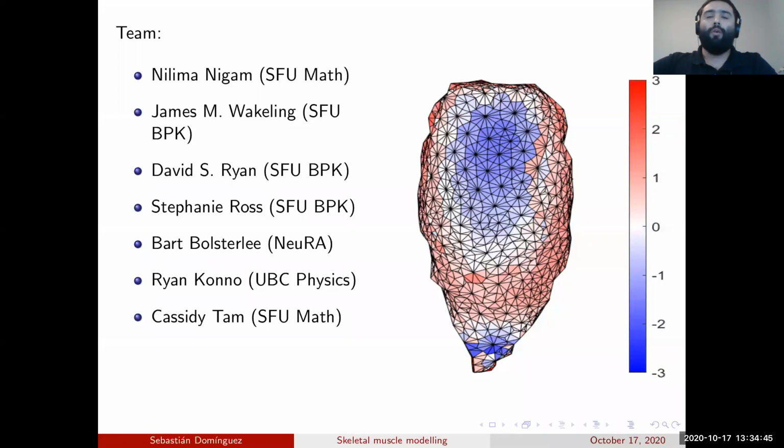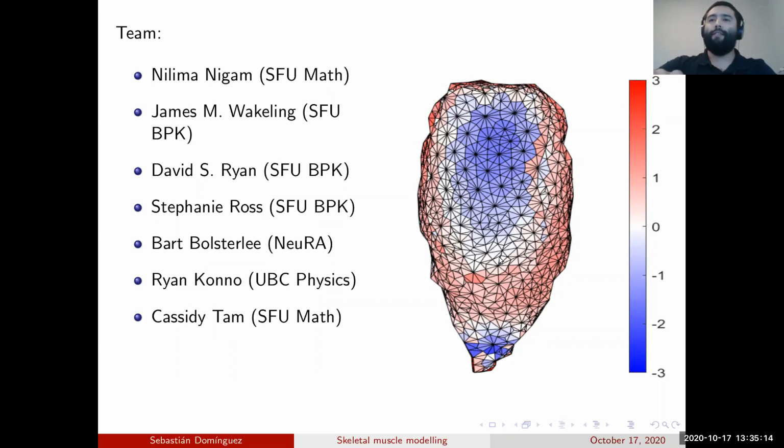Ryan Kahn started with us as a UBC student in physics, and now he's a master's student in mathematics, currently working on the model as well. He's extended it to some other uses. And the last one is Cassidy Tam, who started as an undergrad student from McGill, and now she's at SFU in the master's program, working on different aspects of this project.